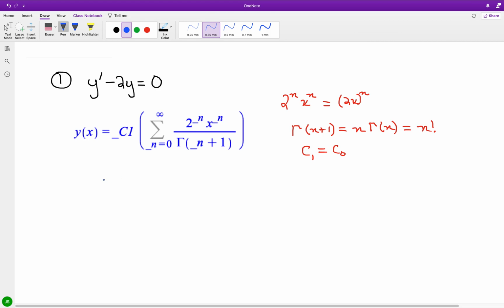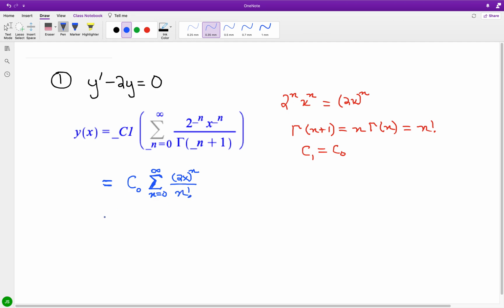So in the rewrite, we have y of x equal to c0 times the summation as n goes from 0 to infinity of 2 times x quantity to the n, over gamma of n plus 1, which is equal to n factorial.